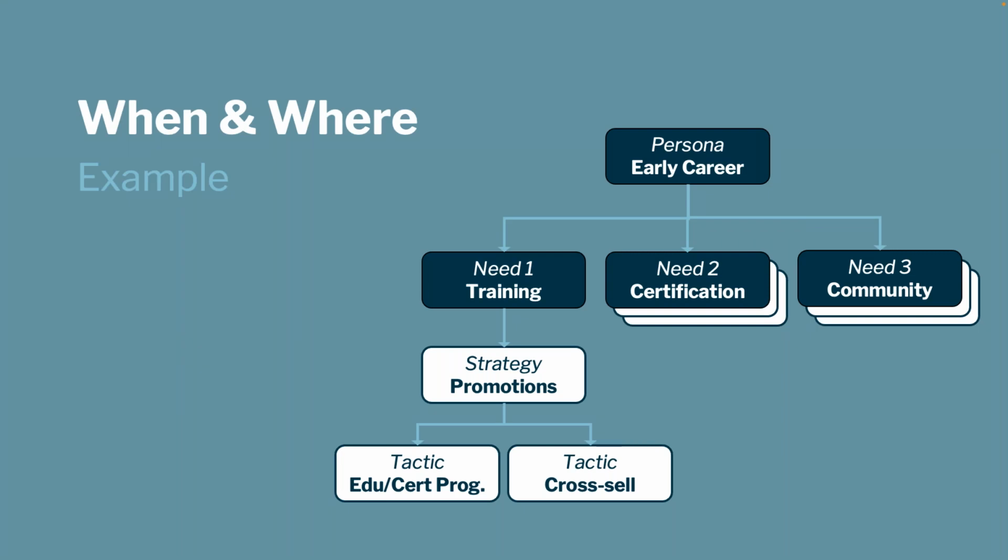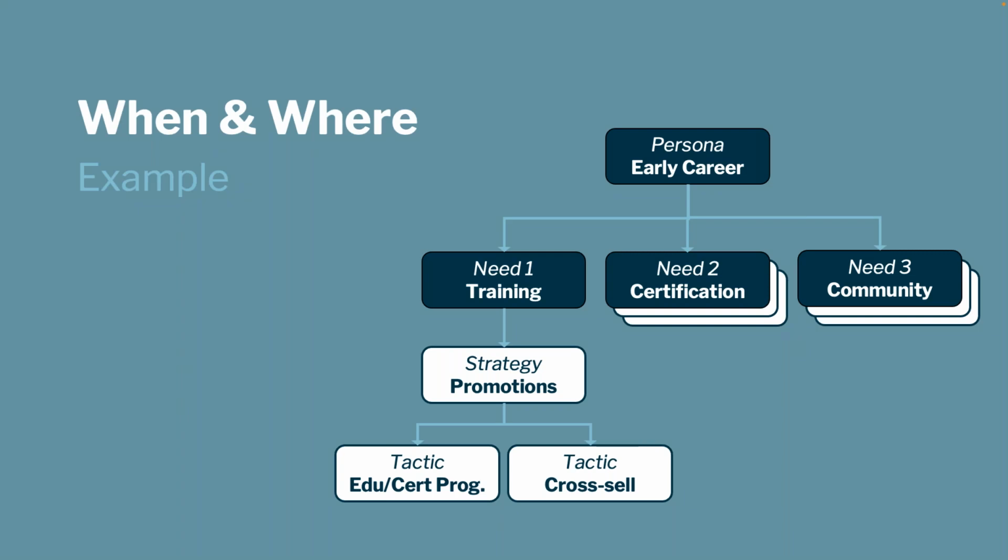So one of the personas, and I'll just walk through this diagram at a high level here, but one of the personas for this doctor system that we implemented was an early career doctor. And so what we did then was identify the needs for that persona, for that doctor. And this is only a partial list, but one of the needs was training. Another need, for example, was certification, and then a third need was community.